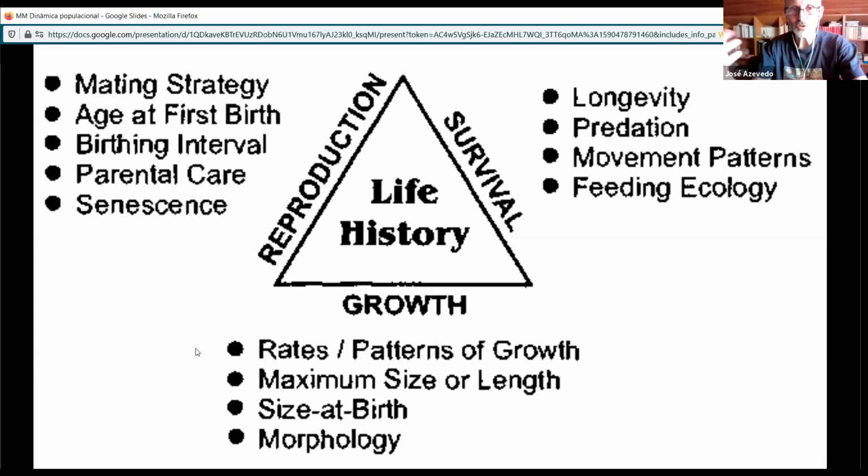Many areas contribute to population ecology. For instance, knowing about feeding ecology and mating strategies are important elements that allow us to model the population dynamics of the species.